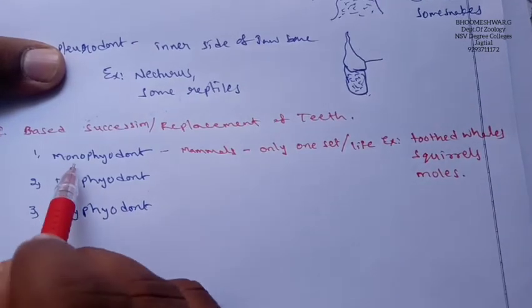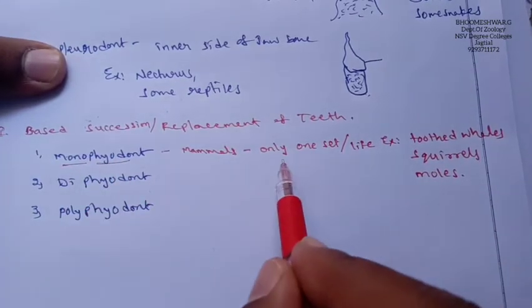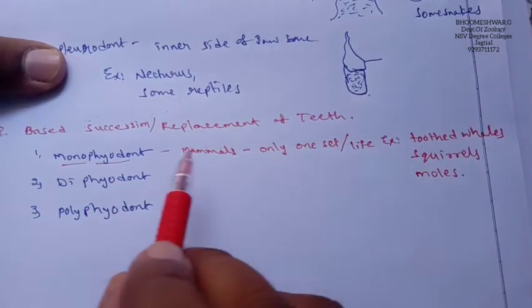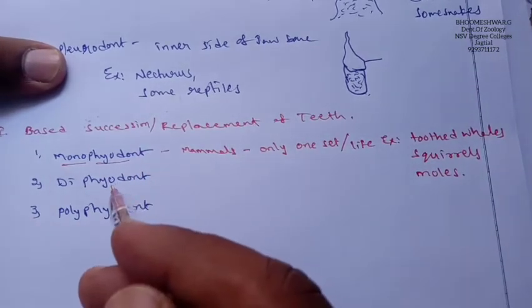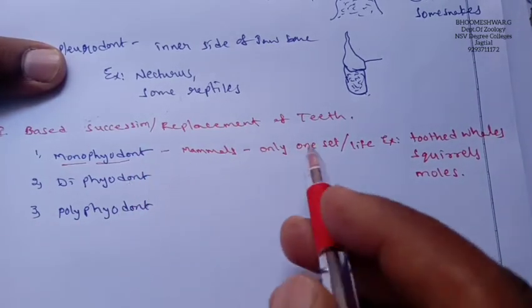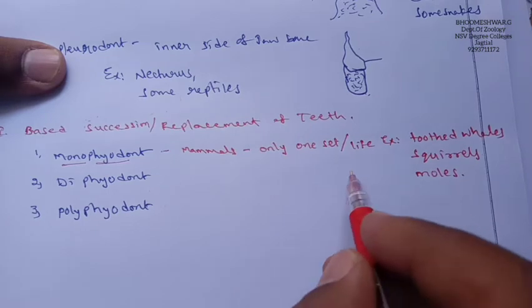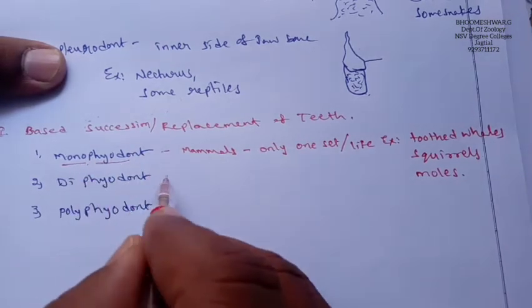So monophyodont is nothing but only one set of teeth which is developed throughout life. This condition is named monophyodont.